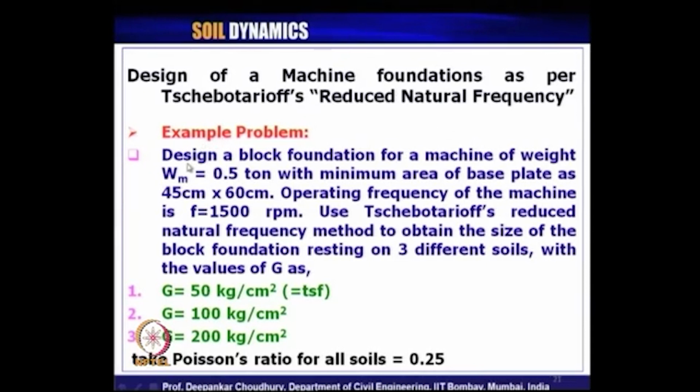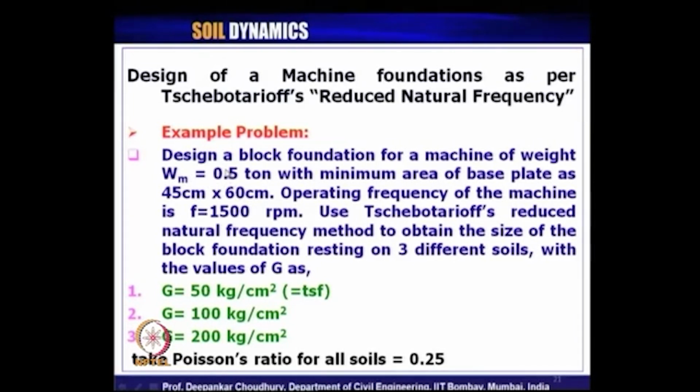What it says, that design a block type machine foundation for a machine of weight of 0.5 ton with minimum area of base plate as 45 centimeter by 60 centimeter. That is the area of the base plate and this is the weight of the machine.